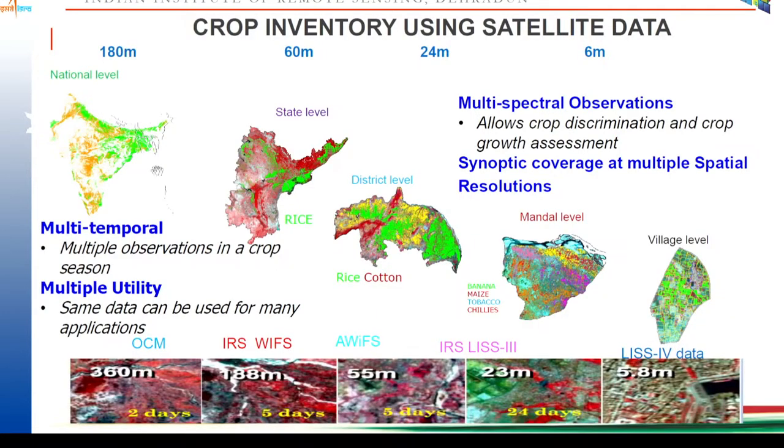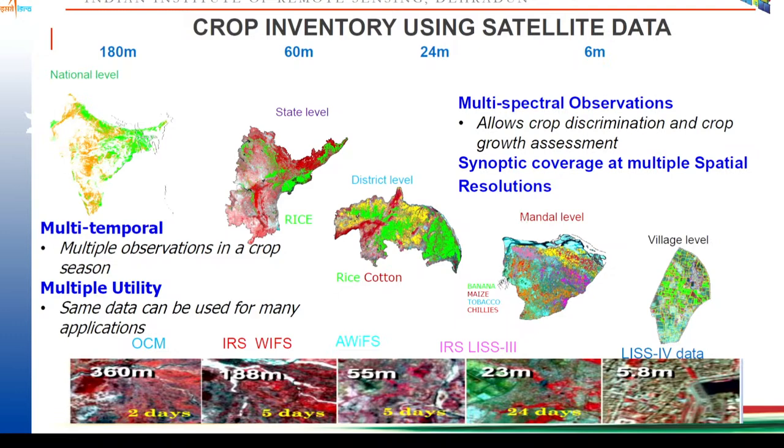So here you can see, if you require India level crop acreage estimation, you can use coarse resolution like WiFS 180 meter resolution. If you are interested in state level, you can use AWiFS kind of resolution, 56 meter. If you are interested in district, you can use LISS-3.